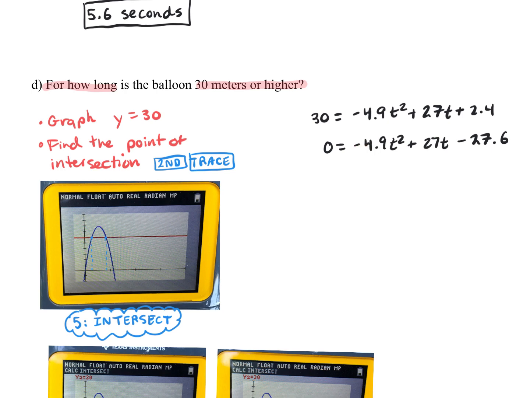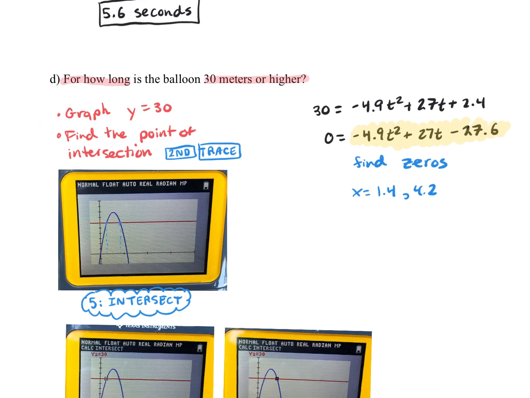I would actually have to go back in and delete my first equation and type in this equation, and then from there you would find the zeros, because you want to know when this function is equal to 0. And those zeros would be about 1.4 and 4.2, so you get the same x values, and then you'd find the difference between those numbers.